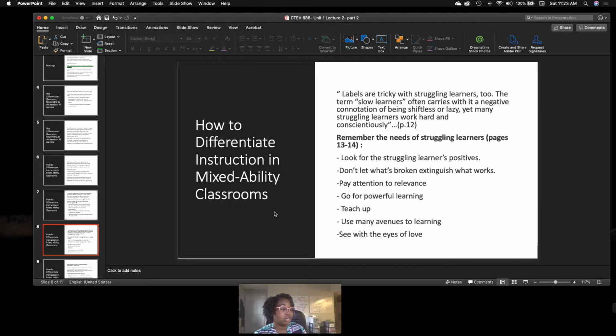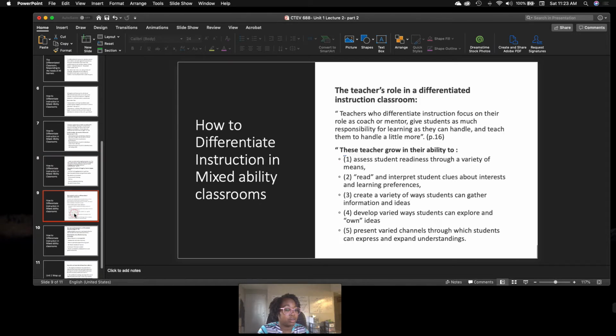Use their strengths and talents in order to grow the rest of what they may be challenged with. Pay attention to relevance. Go for powerful learning. Teach up, use many avenues to learning, and see with the eyes of love, meaning see the classroom through the approaches and perspectives that they can and will. It's just a matter of how you reach them in order to help them find their best methods of learning.